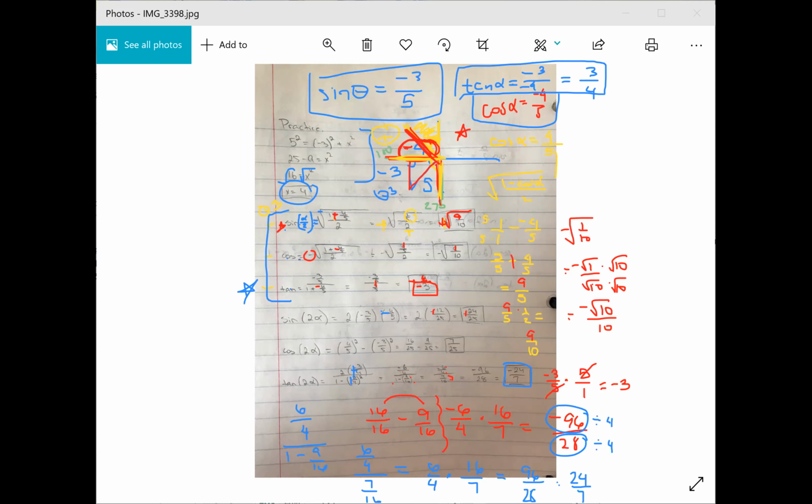And then 180 in half is 90. So any angle between this region is going to end up in the second quadrant. Okay, so that's how you guys can identify where your angle is going to end up. That means that any angle that gets split in half is going to end up in the second quadrant. Since it is in the second quadrant, you know that sine is going to be positive, but everything else is going to be negative.